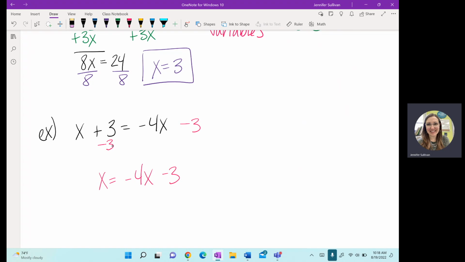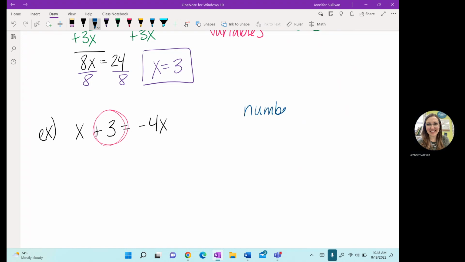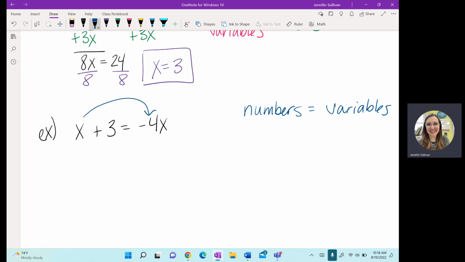Okay. So when I'm looking at my original problem, I like to look for, again, where is my whole number? And so I want to get it by itself also. I want to get numbers on one side of the equal sign, and I want the variables on the other side of the equal sign. So I want to actually take this x and move it over here.